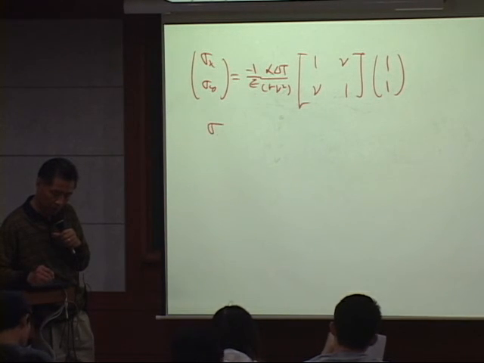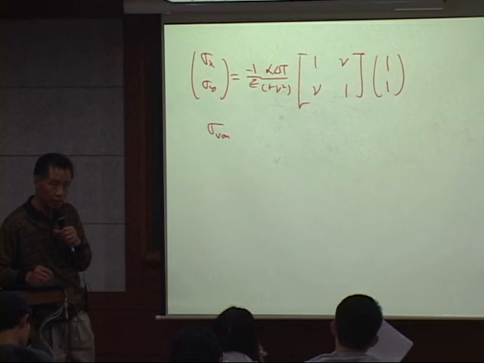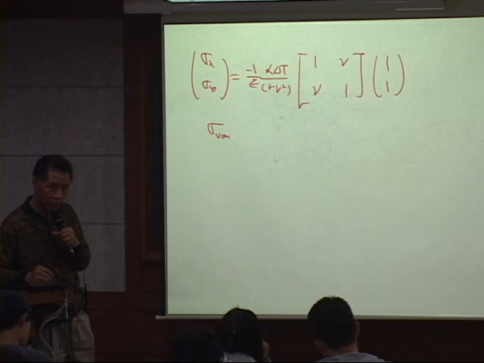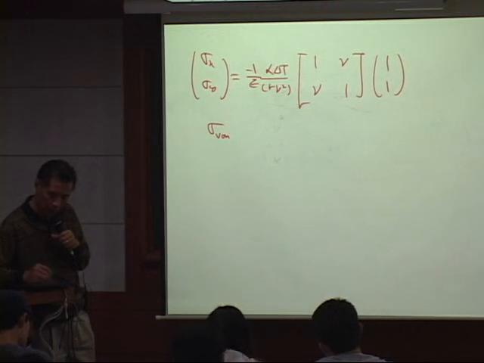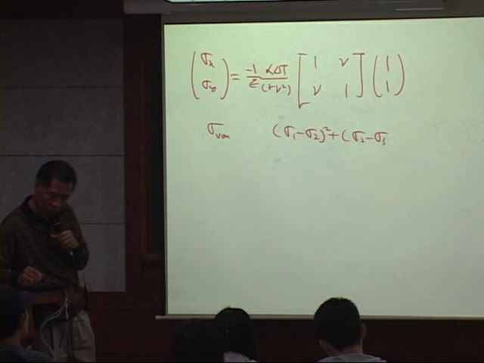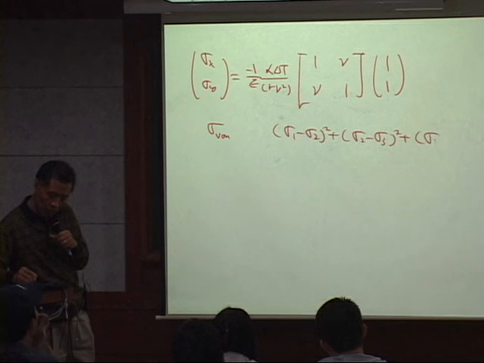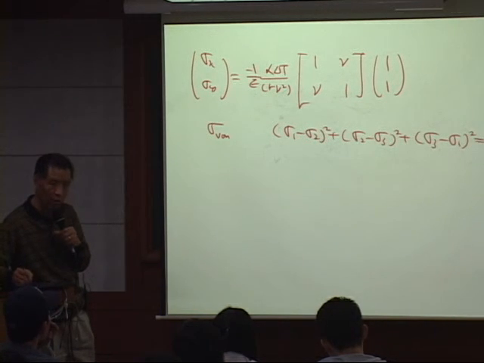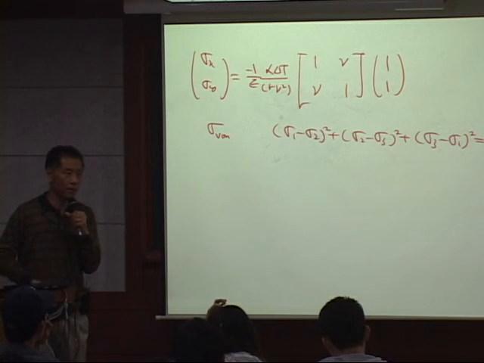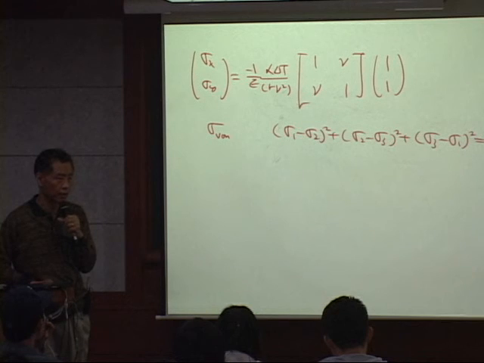Well, before we get to the von Mises stress: sigma 1 minus sigma 2 squared plus sigma 2 minus sigma 3 squared plus sigma 3 minus sigma 1 squared equals 2 times sigma yield squared. This is the von Mises yield criterion.